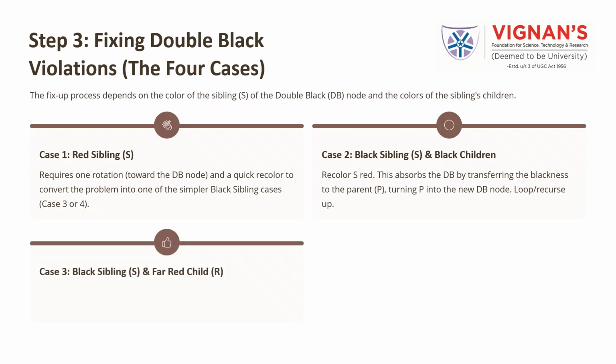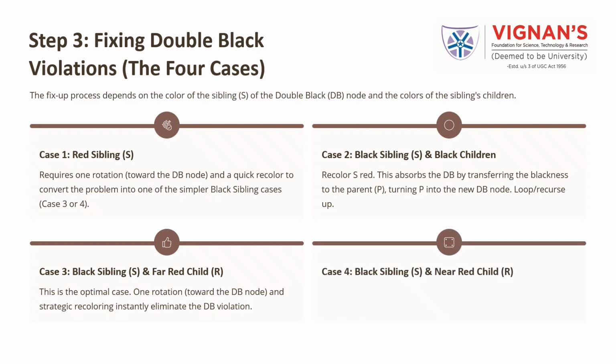Case 3. Black sibling with far red child. If the sibling is black and its far child is red, this is the best and final case. A single rotation is performed toward the double black node, followed by strategic recoloring. This operation completely removes the double black violation, and no further fix-up is required. Case 4.